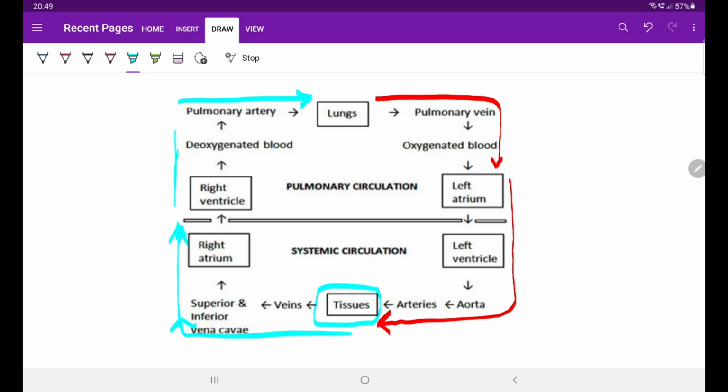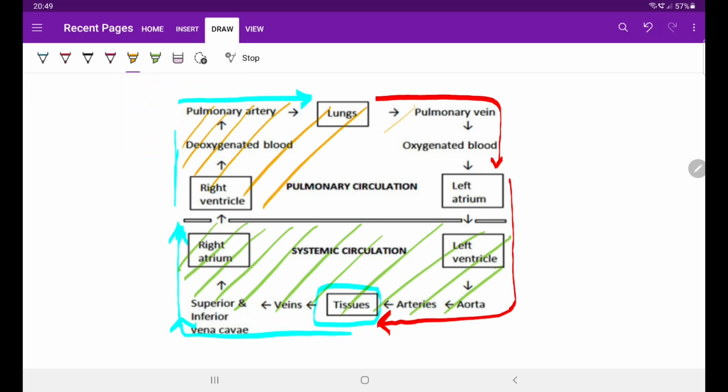So, in this manner, the blood circulation taking place at the organ level is called systemic circulation, whereas the blood circulation taking place at the level of lungs is called pulmonary circulation.